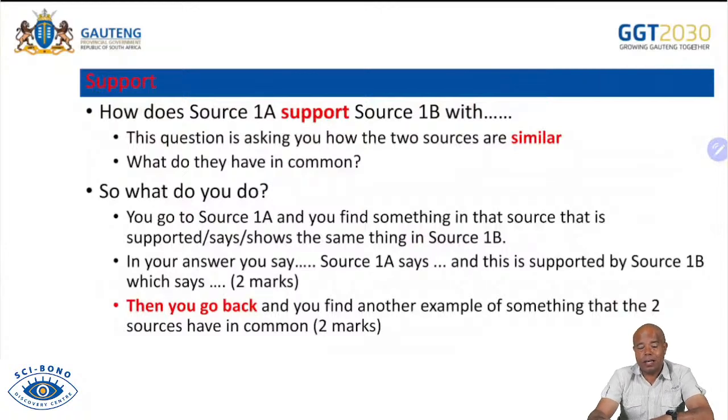So now we need to understand that cars are the similarity here. In that case, we need to say 1A says there are cars, and this is supported by 1B, which says there are bigger cars. So now we cannot write it down as both, because why? Bigger cars and cars, although cars are being mentioned. So when we need to write both, we need to say both sources indicate there were cars, basically.